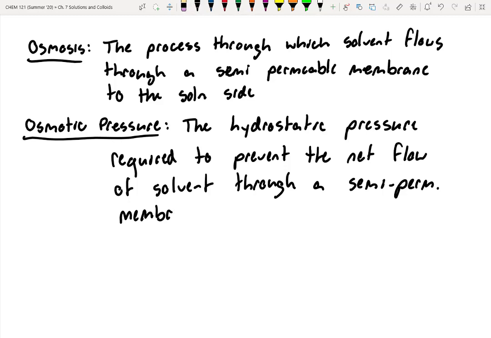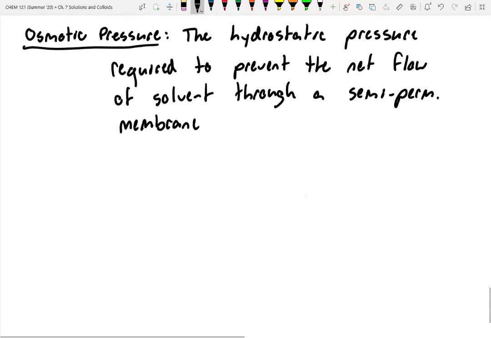So like I said, it's the amount of force you would have to apply to that opposite side to get things back level again. And you can actually calculate this.